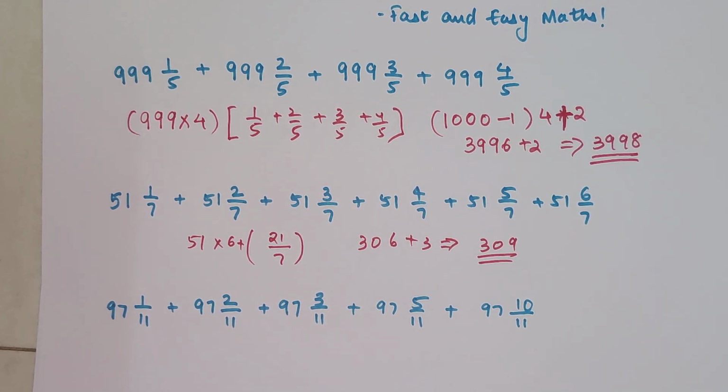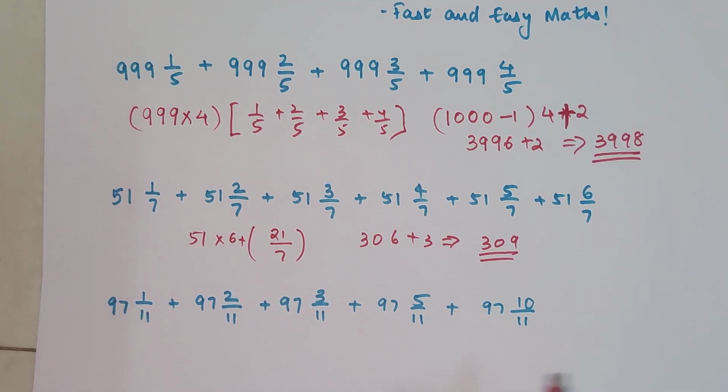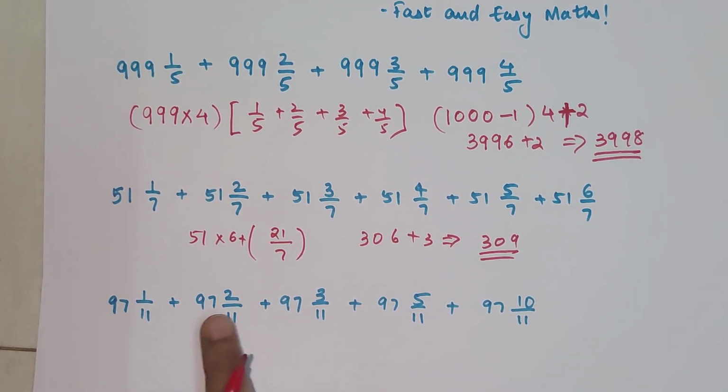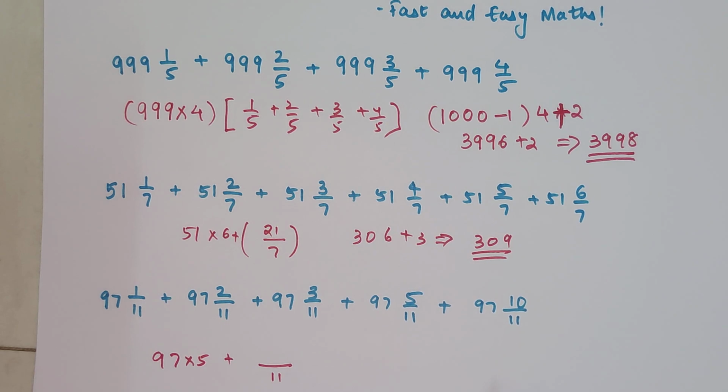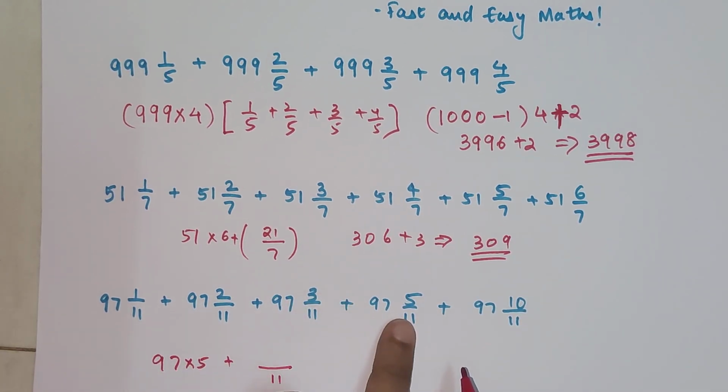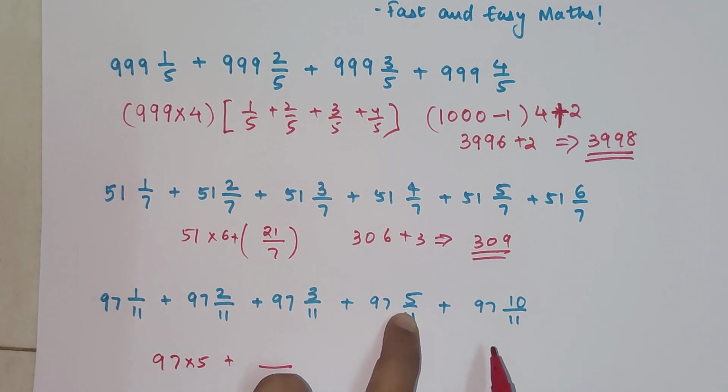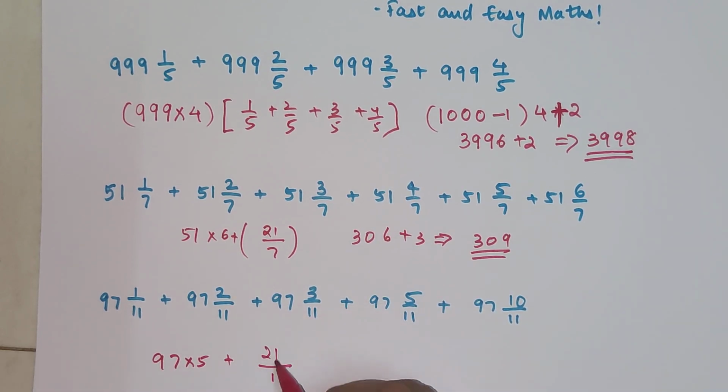Okay, so now here we have 97 getting repeated 1, 2, 3, 4, 5. 97 is getting repeated 5 times, so we'll multiply by 5. Since all the denominators have 11, we're just going to add the numerators. So 1 plus 2 is 3, 3 plus 3 is 6, 6 plus 5 is 11, and 11 plus 10 is 21.